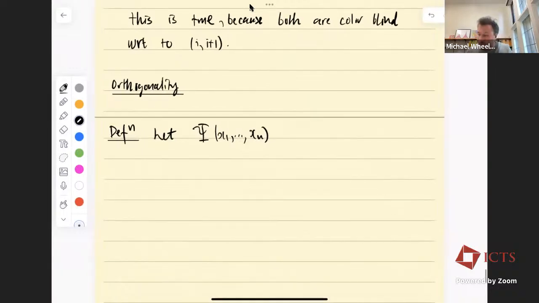So yeah, the orthogonality. So in what follows, capital Psi and capital Phi will be two multivariate rational functions in n variables.